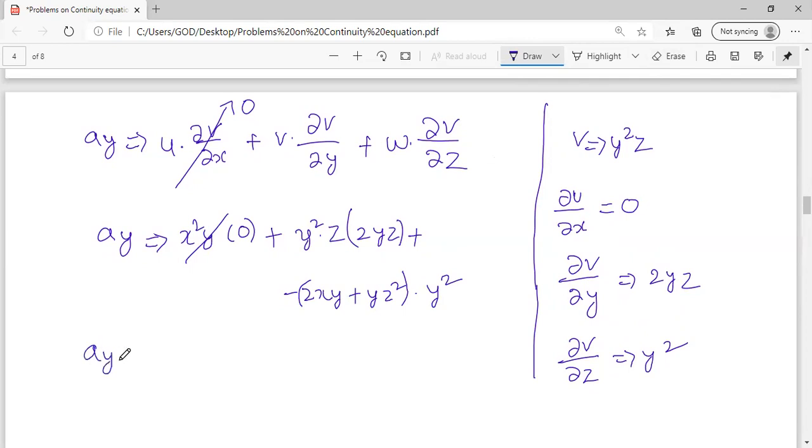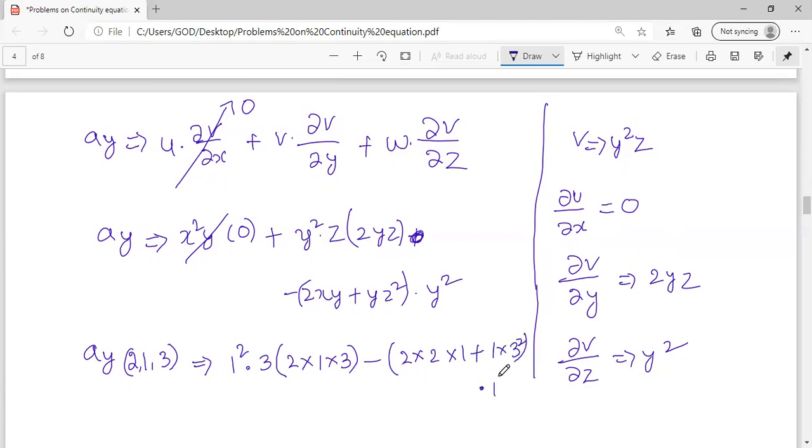So if you substitute at your point, what is the point given to you? 2, 1, 3. At this point I need acceleration. Then what is y²? 1² into 3 of 2 into 1 into 3 minus, bracket start, 2 into x is 2, y is 1, plus 1 into 3² into y² is 1².